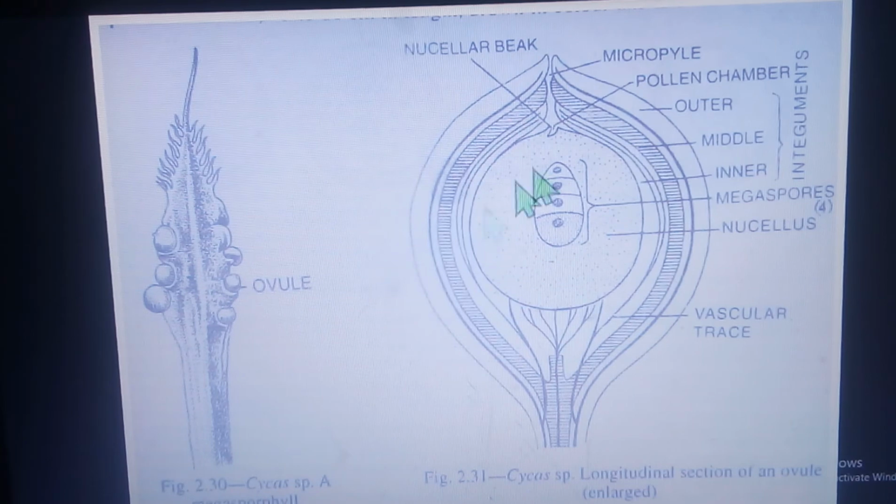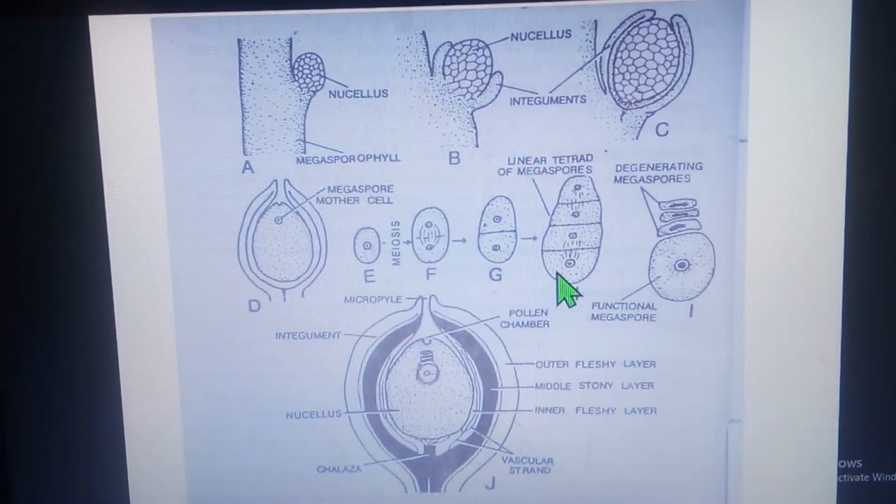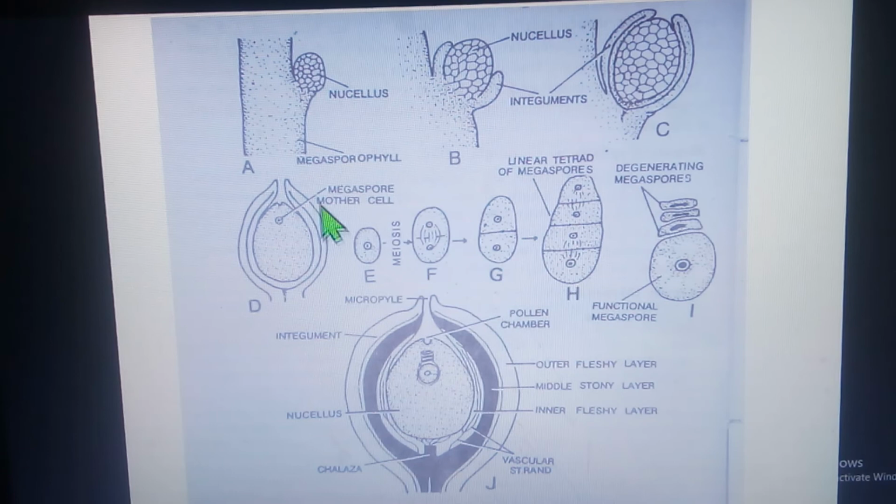Now what happens next in the development of this ovule, after the nucellus and the integument have formed?